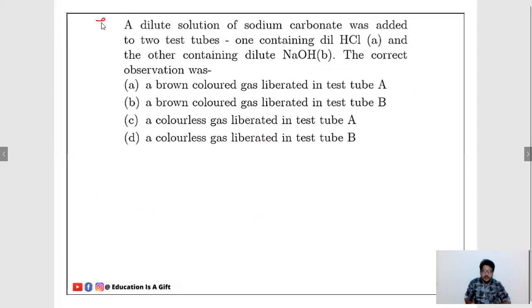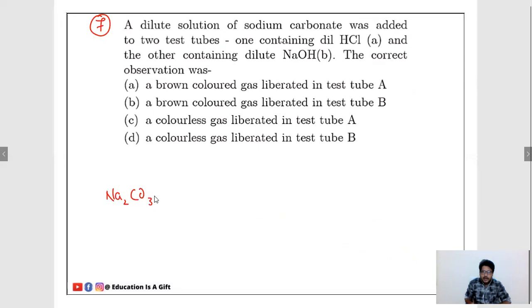Well, coming to the seventh question. A dilute solution of sodium carbonate was added to two test tubes, one containing dilute HCl and the other containing dilute NaOH. The correct observation was, okay, let us try to see what is added. Sodium carbonate, chemical formula Na2CO3.